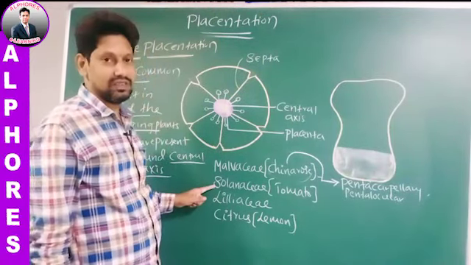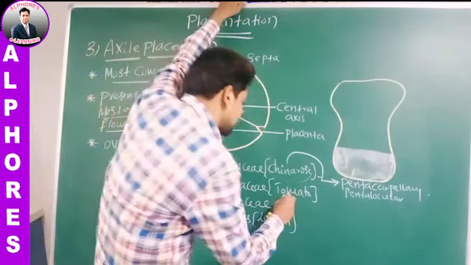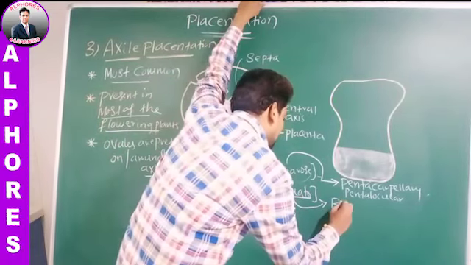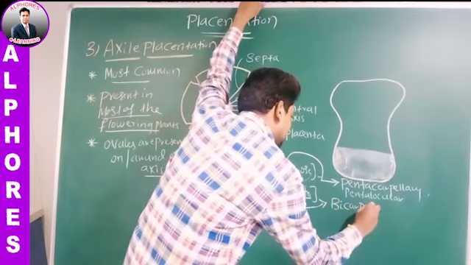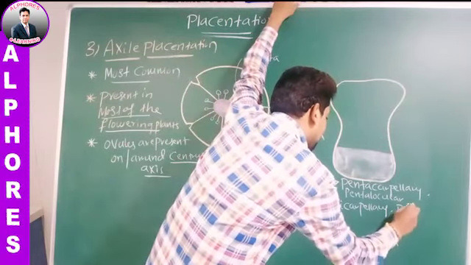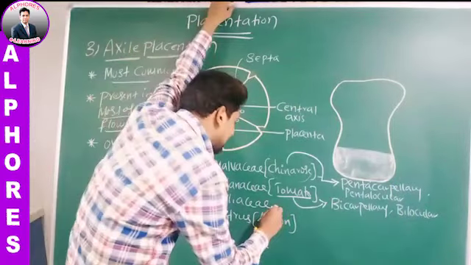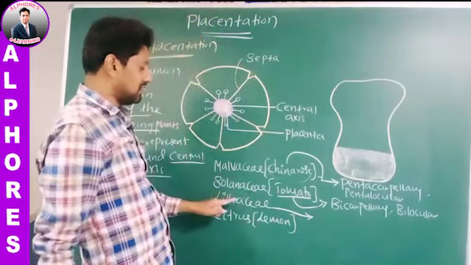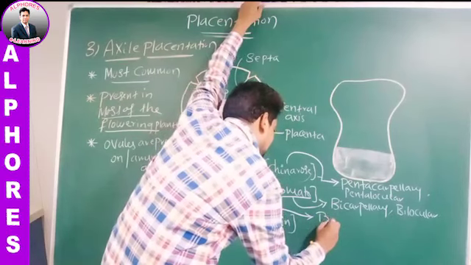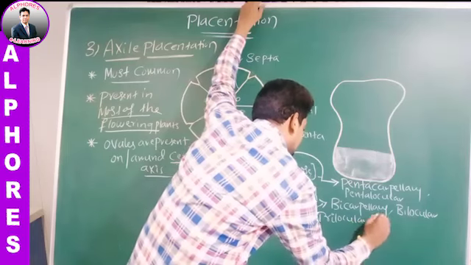Go for the Solanaceae family. I am speaking about tomato. In tomato, the condition is bicarpellary, bilocular. Whereas in the Liliaceae family, it is tricarpellary, trilocular.